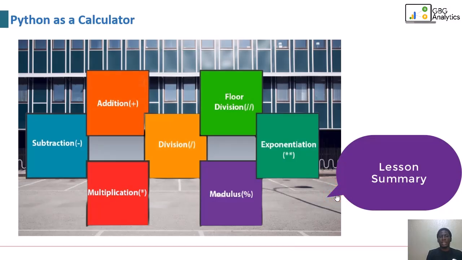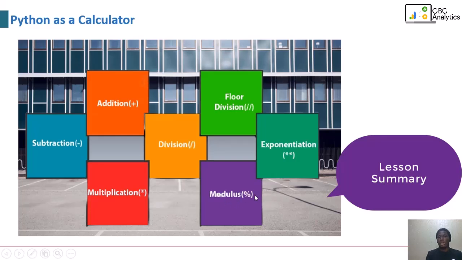So in this section, we see how we can use Python to do addition, subtraction, multiplication, division, float division by using double forward slash sign, and for exponentiation, that is an operation that involves a number that is raised to another number. So in that case, we use this double asterisk sign.